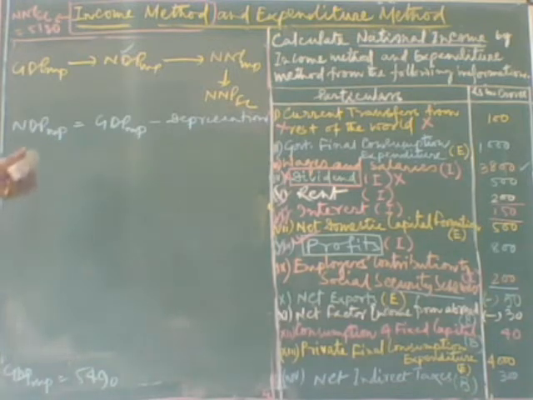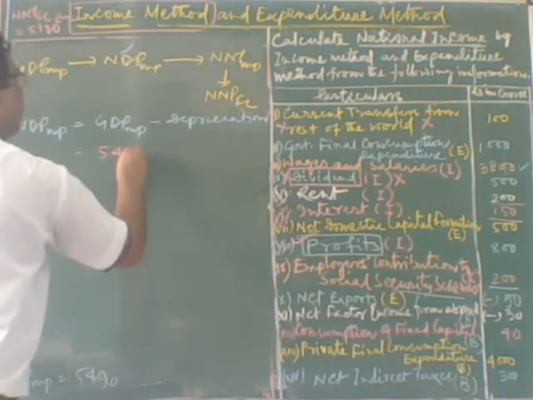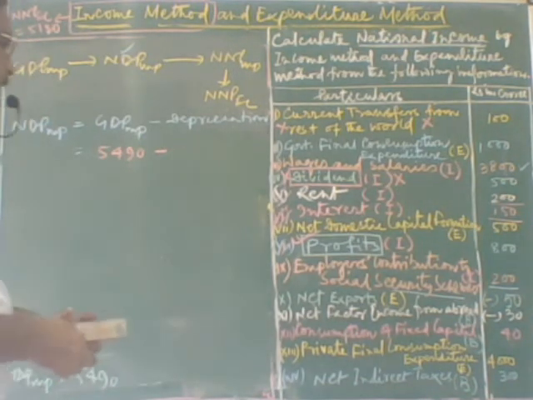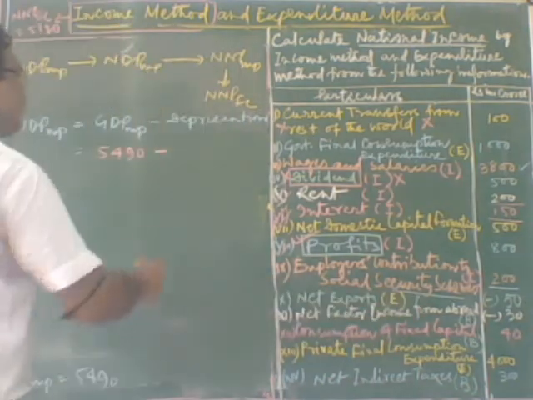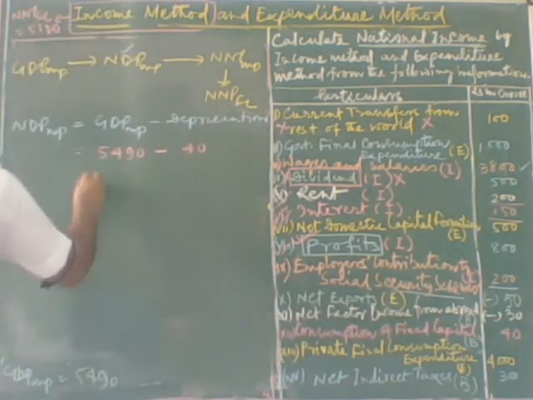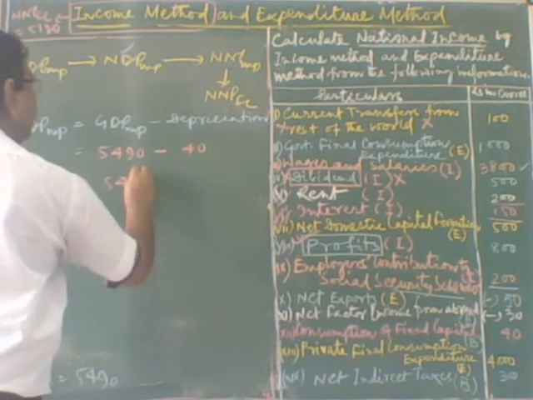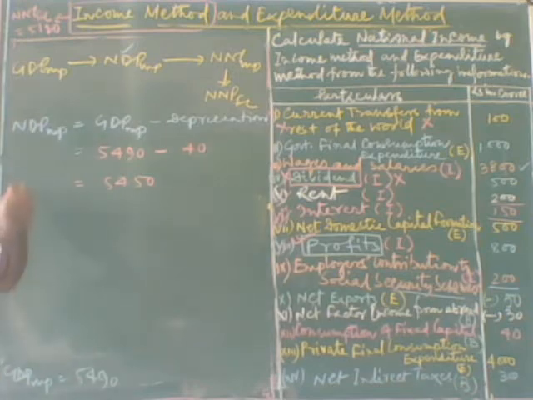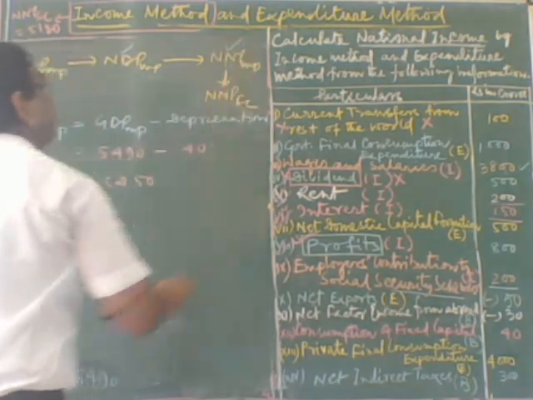So NDP market price is equal to GDP market price minus depreciation. GDP market price is 5,490 minus depreciation, that is consumption of fixed capital, 40, which is equal to 5,450. So NDP market price is equal to 5,450.